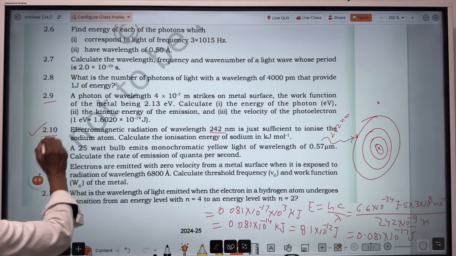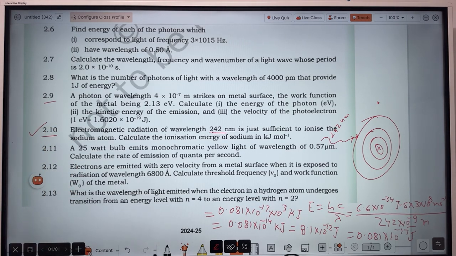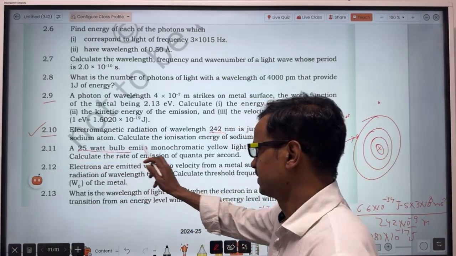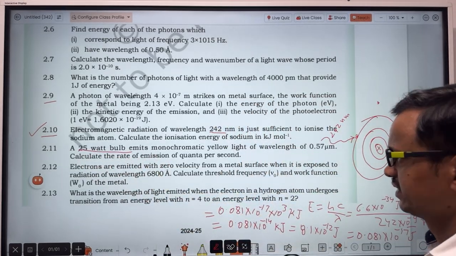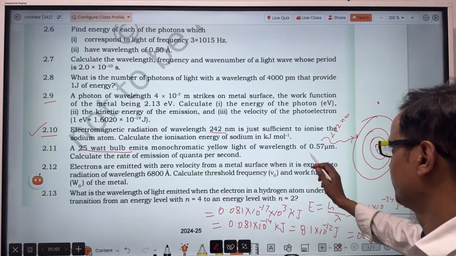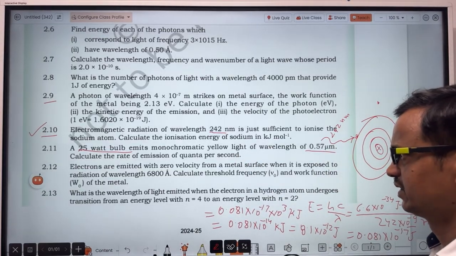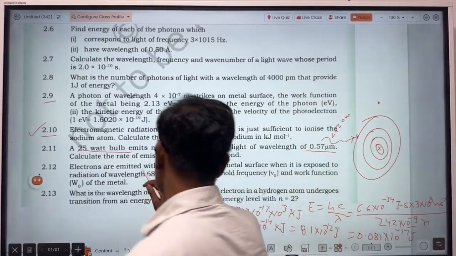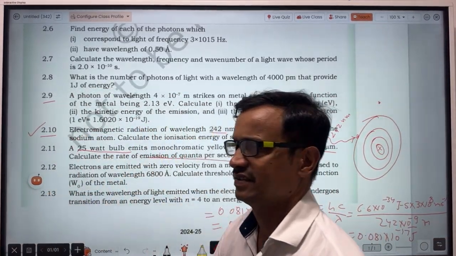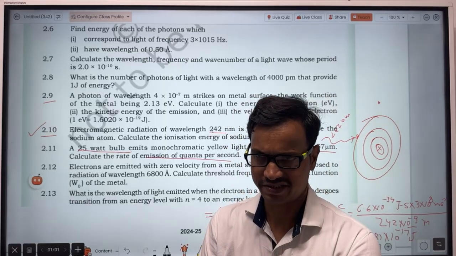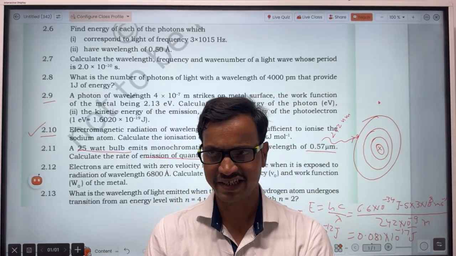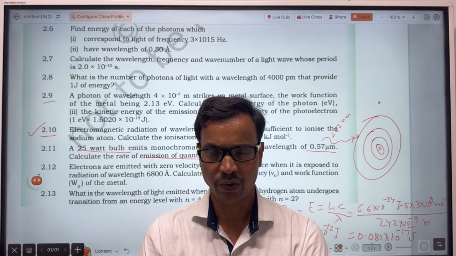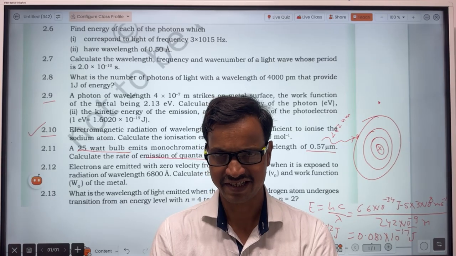That was question 2.10. Now 2.11, let's see. The question says the power of the bulb is 25 watt, and it emits monochromatic yellow light, whose wavelength has been given. It is asking the rate of emission of quanta per second.